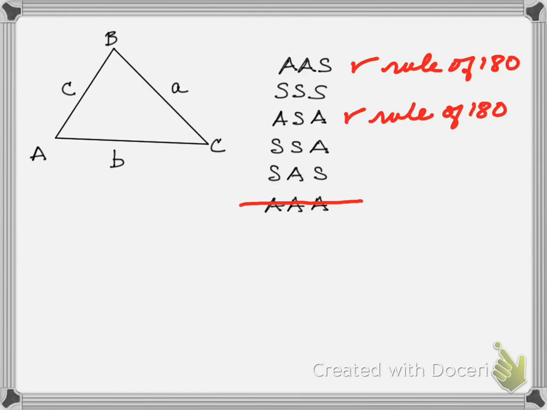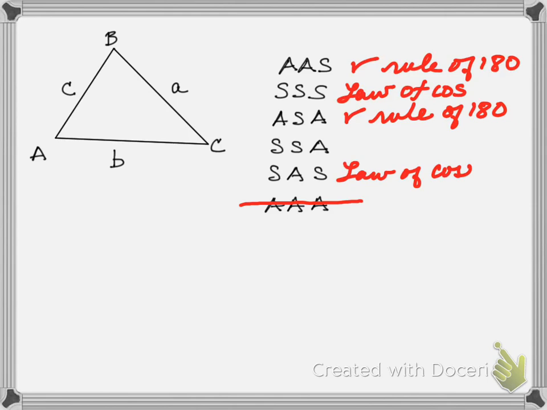And then the other thing to note at this point is just that this SSS here, the second one, is going to require the law of cosines, which can be talked about another day or with another video from myself or another source. And this SAS is going to require the law of cosines. So this is all of the combinations of 3 that we can be given.